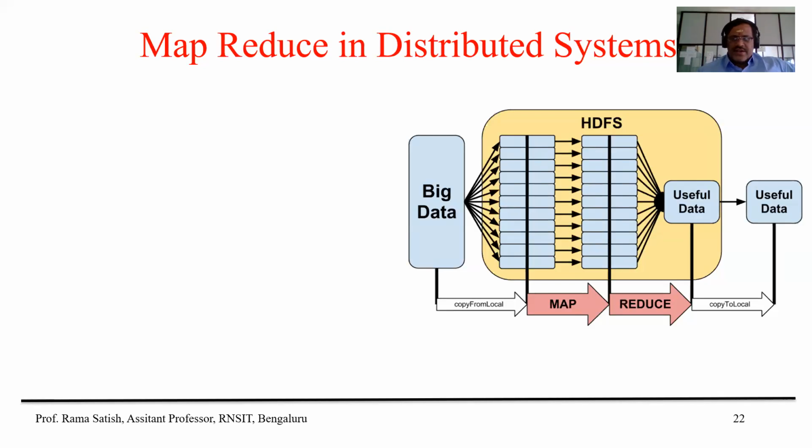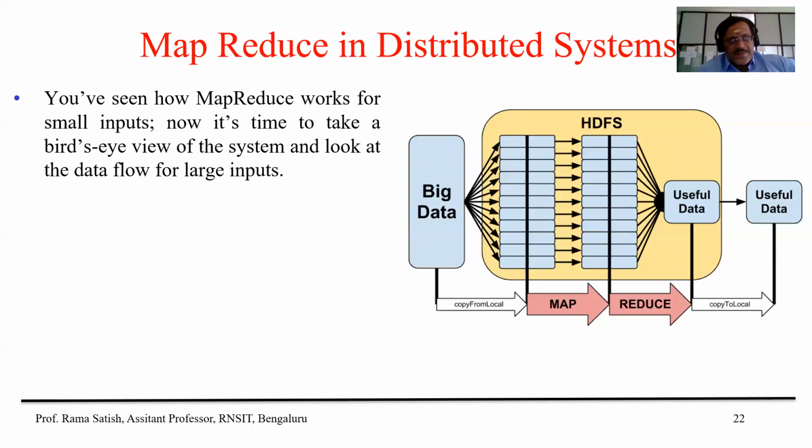The second one is MapReduce. MapReduce is a processing system. How exactly MapReduce supports this distributed parallel processing is what we have to understand.